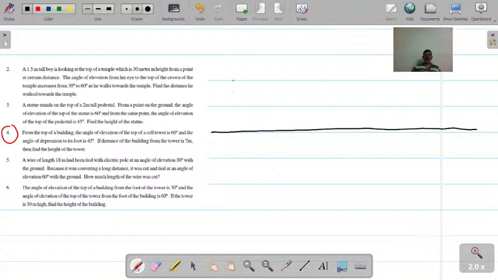So there is a building. Building means again we draw a vertical line. This is A, this is B. We know that A is the top of the building and B is the foot of the building. So what is the position of the observer now? The observer is here. From the top of a building, the angle of elevation of the top of a cell tower. So there is another one. This is the cell tower.